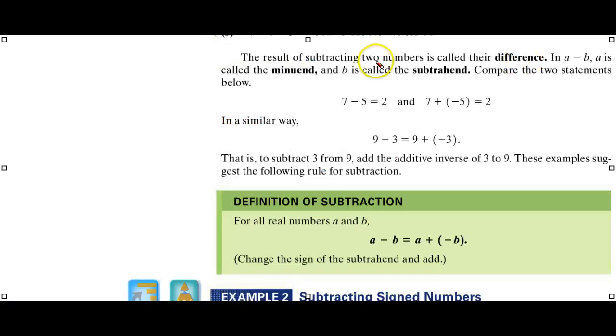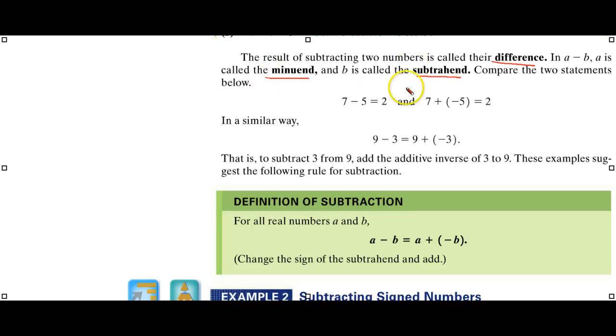Now when we subtract two numbers, that is called their difference. So A minus B, where A is the minuend and B is the subtrahend. Haven't seen these words in a while, but they are there.